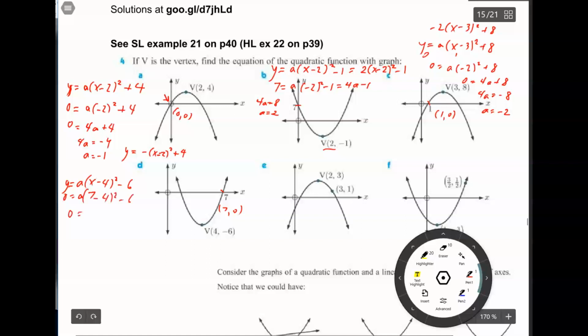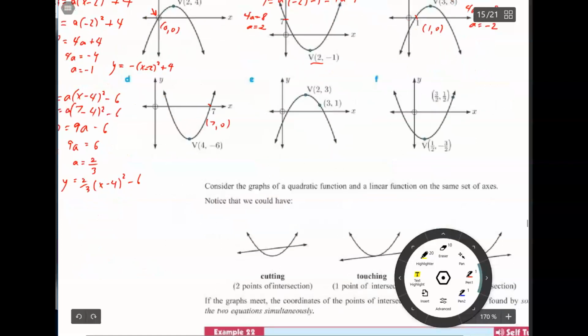So 0 is equal to 7 minus 4 is 3, so 3 squared is 9a minus 6. 9a equals 6. A equals 6 divided by 9, which is 2/3. So we can rewrite the function as y equals 2/3 times (x minus 4) squared minus 6.